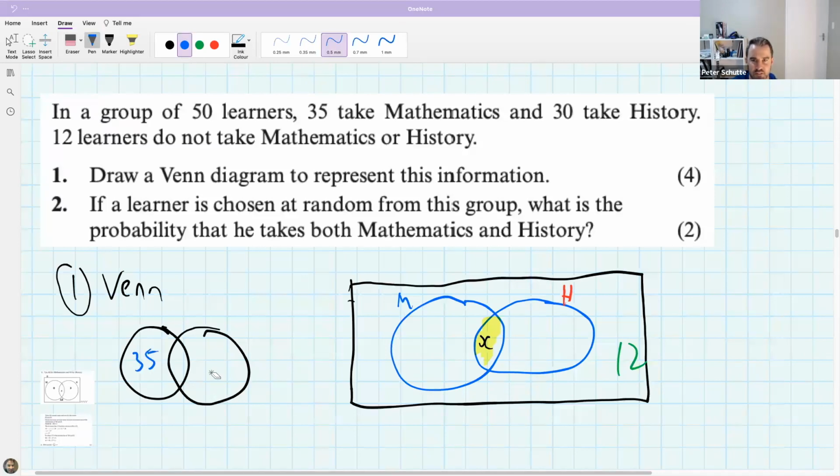If this was 35 for mathematics and this was 30 for history, can you see that it is already greater than the 50 students in the actual group?